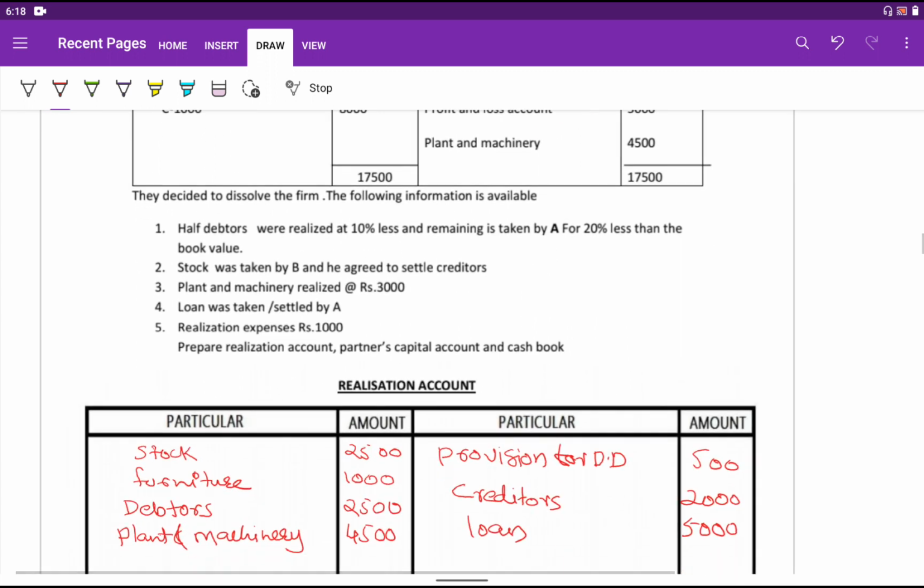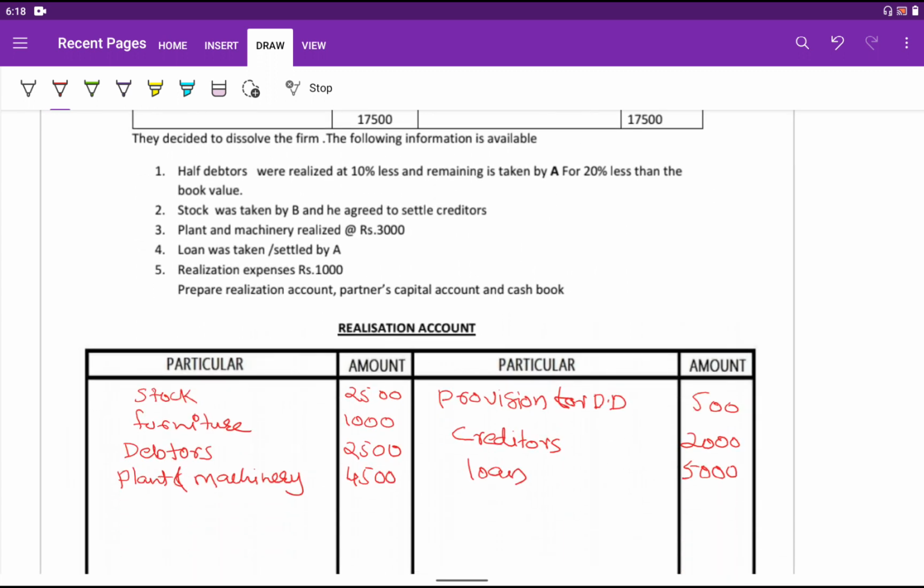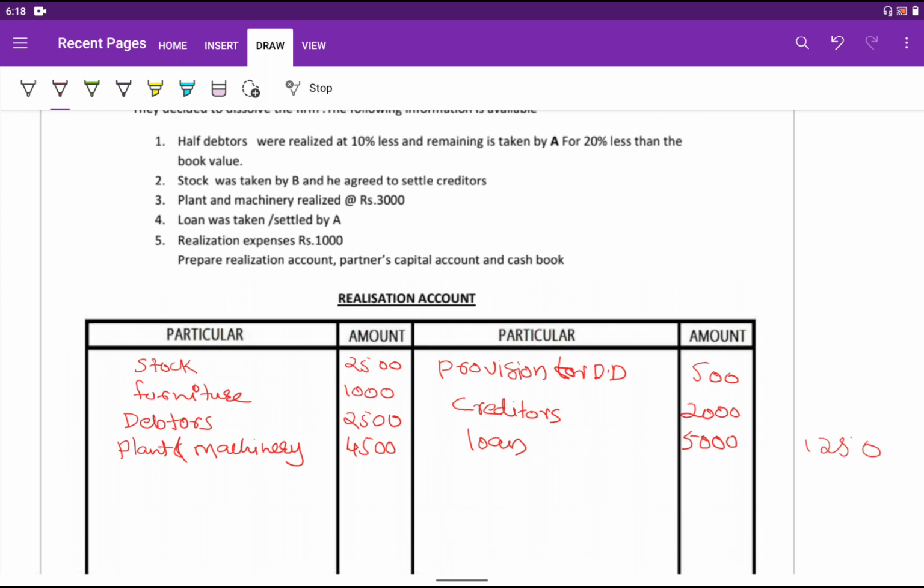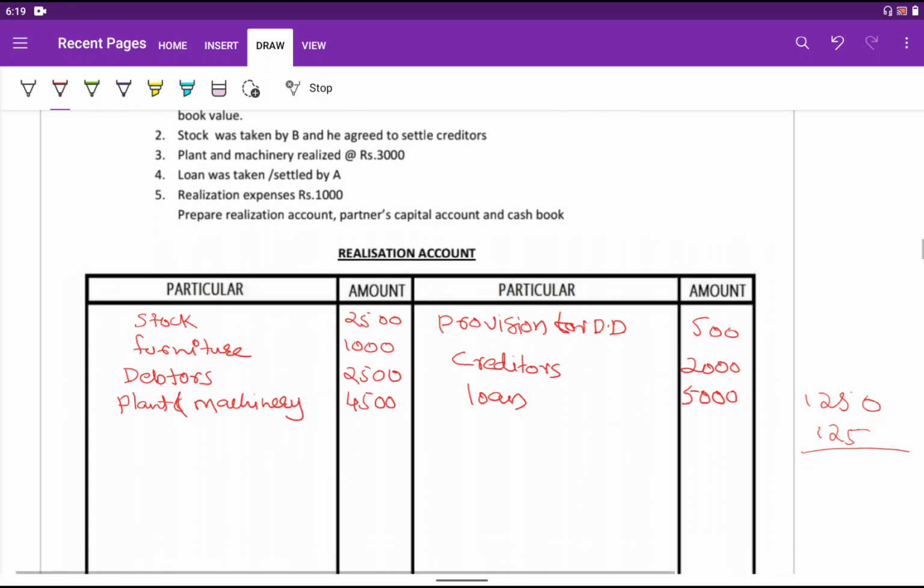That half is realized at 10% less. That means 10% of 1250 is 125, which will be deducted from 1250.